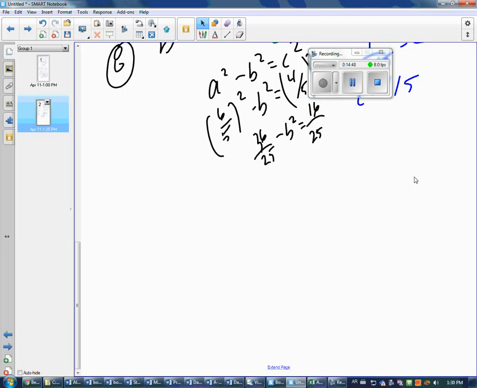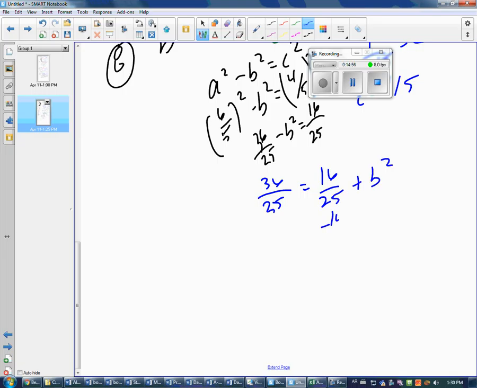And then I'm going to add B squared to both sides so that then I can subtract 16/25. And again, when they have the same denominator, just subtract the numerators. 36 minus 16 is 20. You don't need to take the square root because we're going to use B squared anyways.